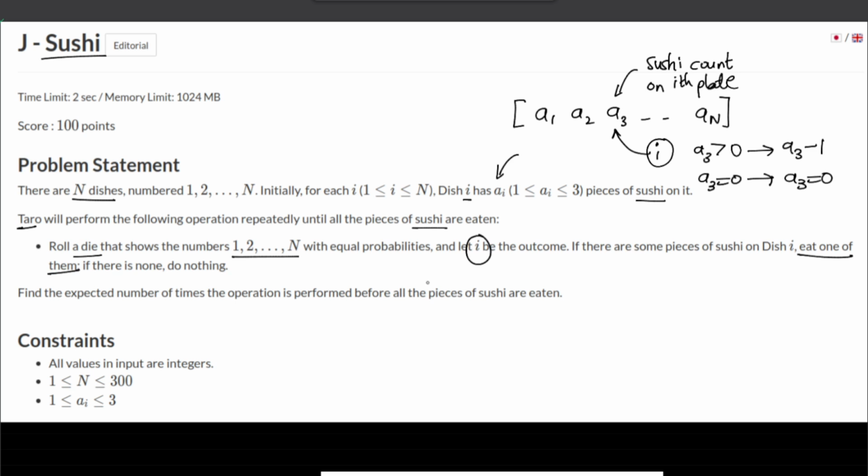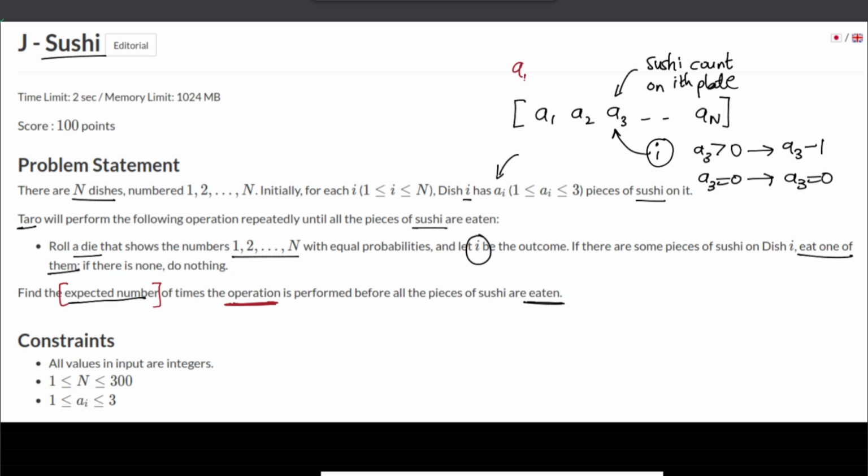This is the operation that he will perform, and we need to find the expected number of times the operation is performed before all the pieces of sushi are eaten. So this is what we need to compute: the expected value of the number of operations until all the sushi on the table are eaten.